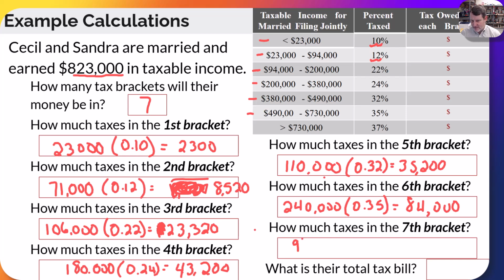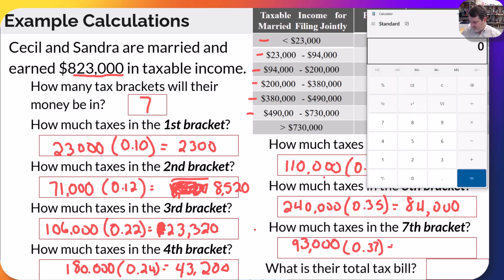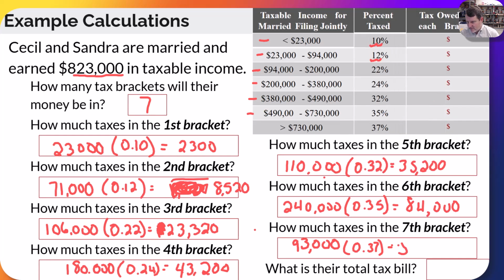So 93,000 times 37%, 0.37, and that's going to equal a final bill of $34,410.